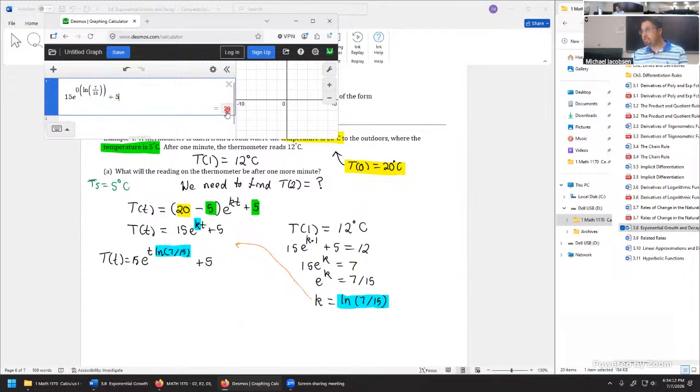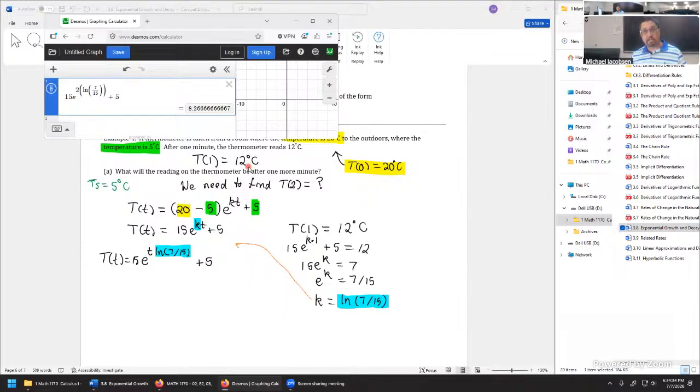So this would give us 20 degrees. Because I plugged in a 0 for time, that should match up with the initial condition. Now if I plug in 1, if I have the right model, I should be getting 12 degrees. So this is a really good check on our work before we go too much further. Plug in 1, that gives us some confidence, 12 degrees.